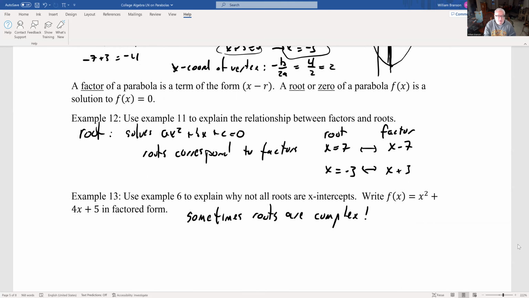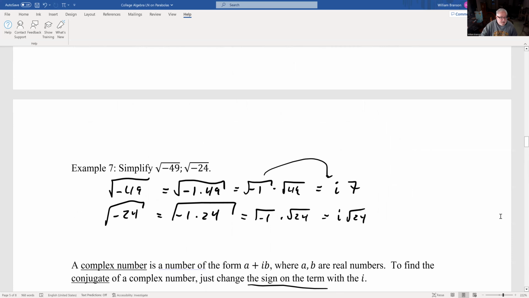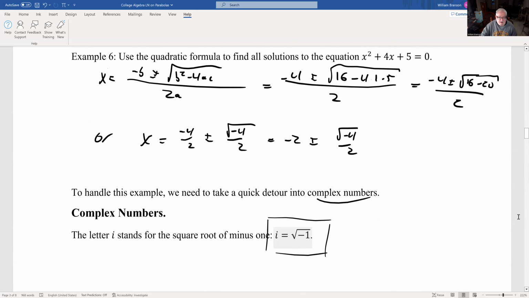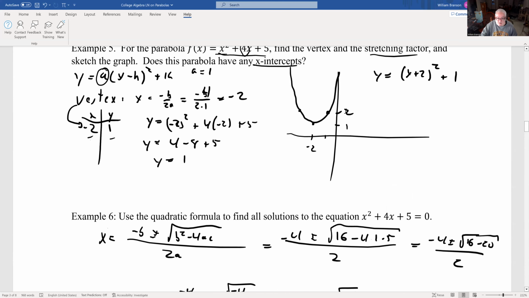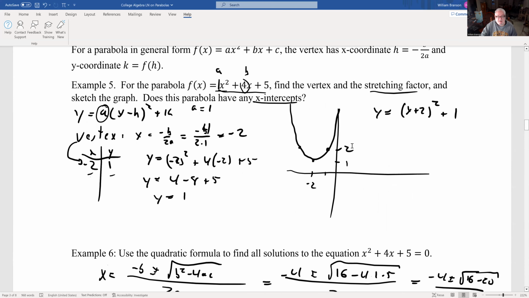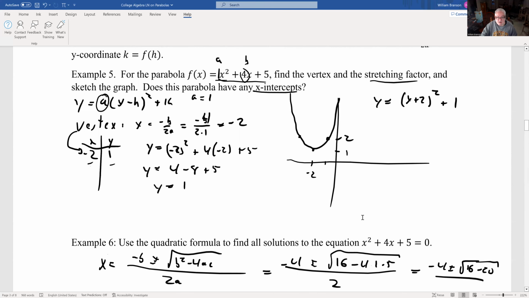If we go way back up to example 6, that was the place where we found out that the quadratic formula solutions for x squared plus 4x plus 5 were complex, and that corresponded to not having any x-intercepts at all. So the complex roots don't correspond to x-intercepts.